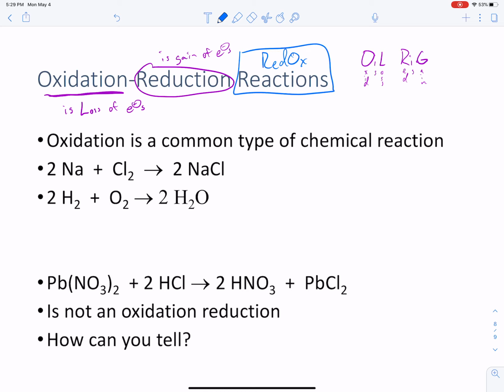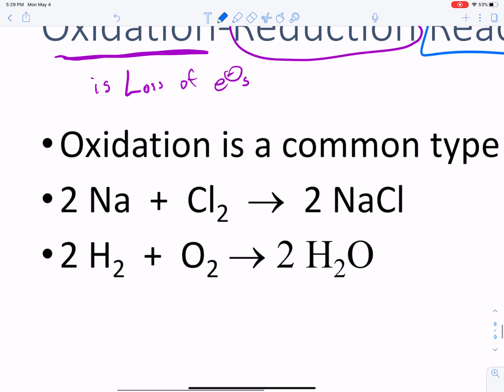So these redox reactions, one example is when you take two elements and you react them together. So if I take sodium and react it with chlorine, sodium has a 0 charge and chlorine has a 0 charge because they're both elemental, right?